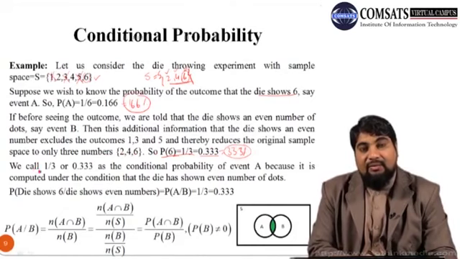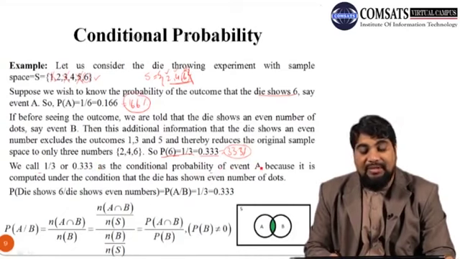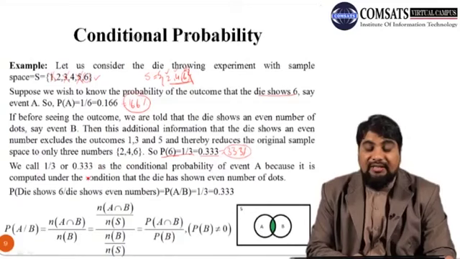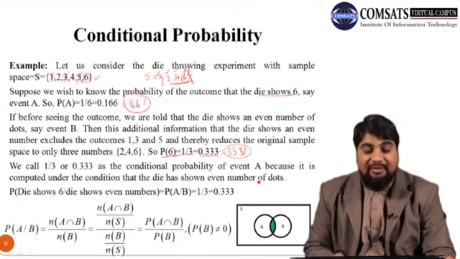We call 1 by 3 or 0.333 the conditional probability of event A, because it is computed under the condition that the die has shown an even number.